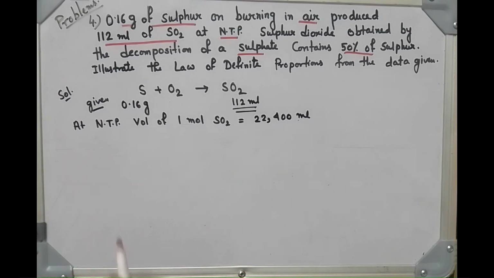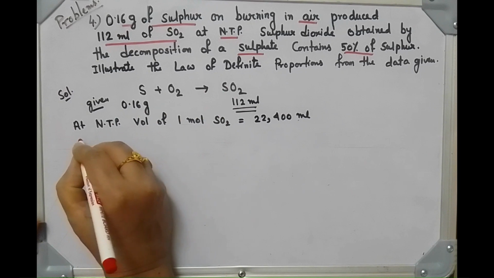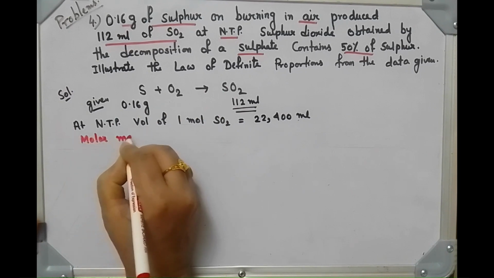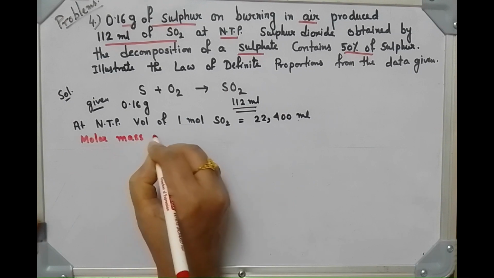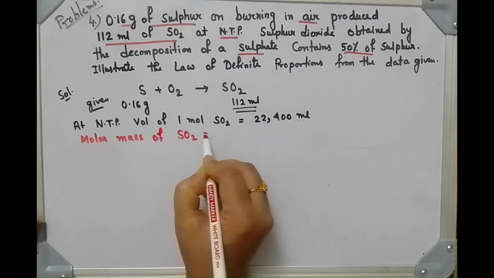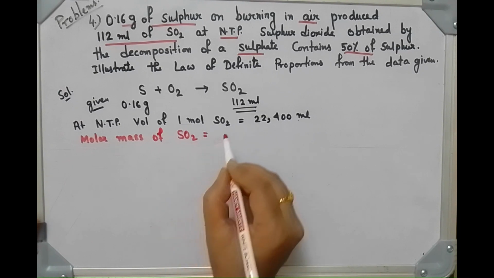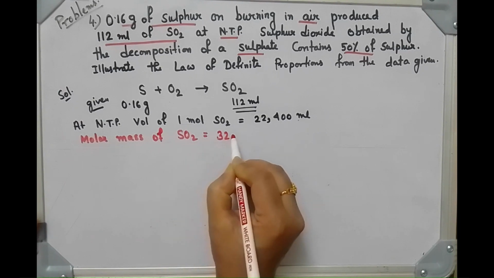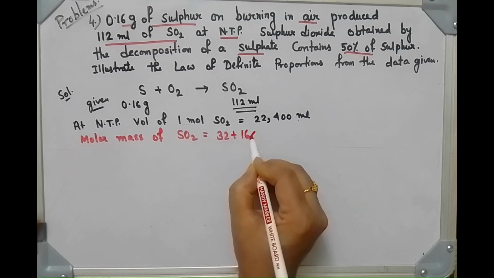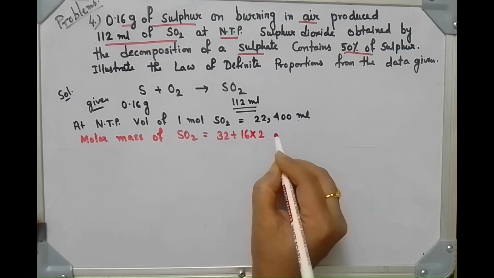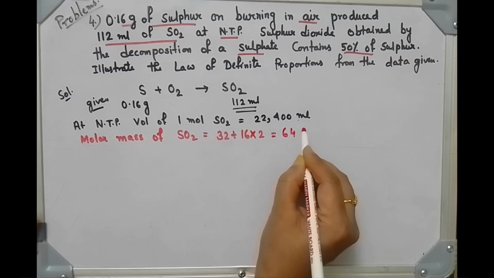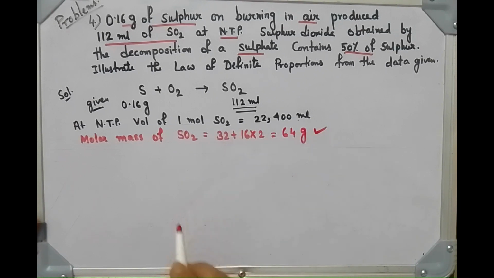Now you know the molar mass of sulfur dioxide is what? Atomic mass of sulfur is 32. Atomic mass of oxygen is 16. 2 oxygen atoms are there, so 16 times 2 plus 32. So the molar mass here totals 64 grams, right?